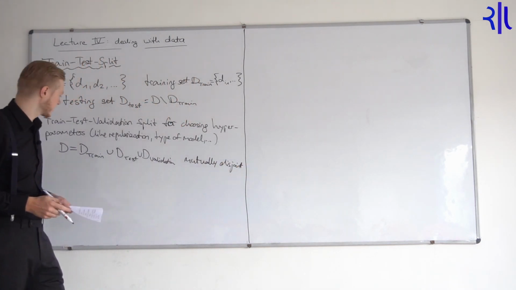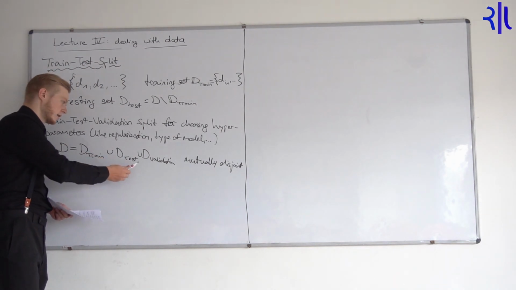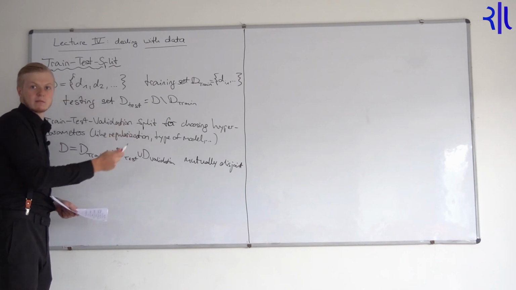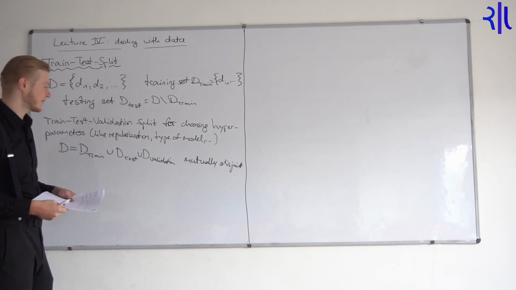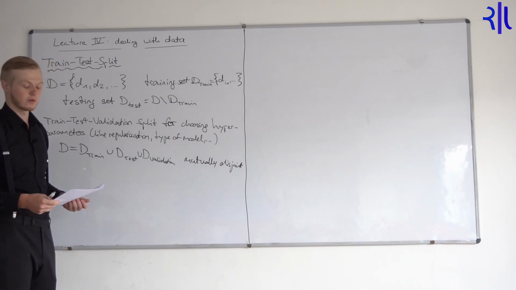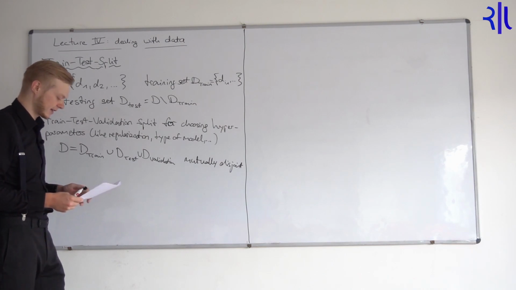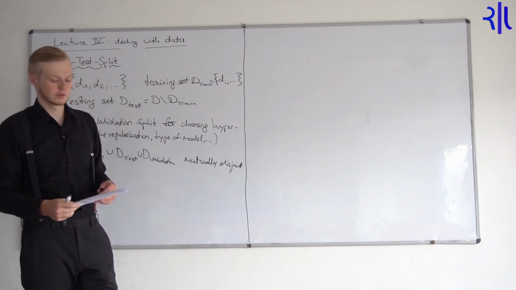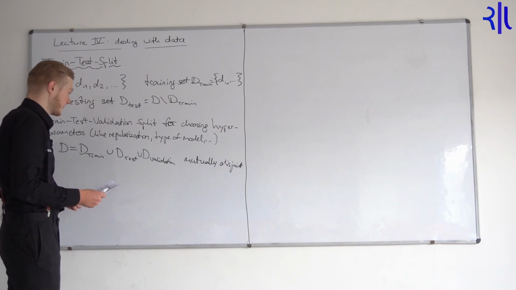And you can pick something like 10% of the data you have for the validation set, 20% for the testing data, and 70% for your actual training data. But it depends on the problem, so there's no general rule on that here.